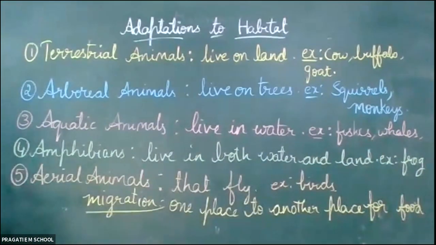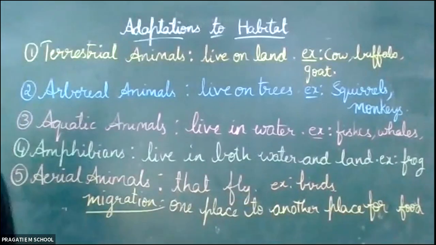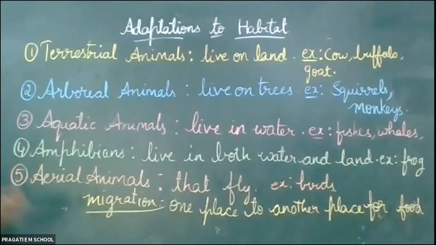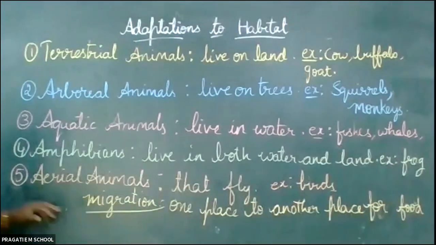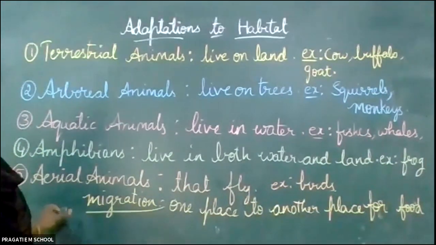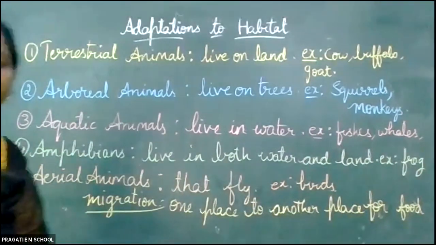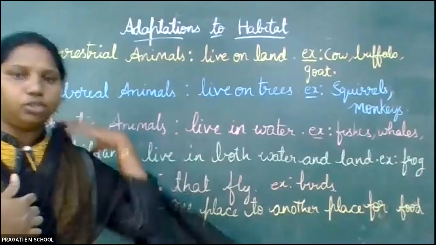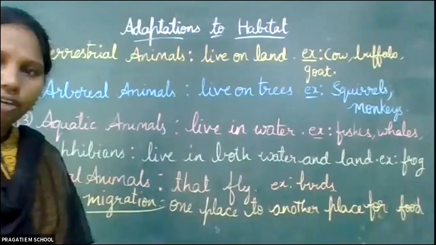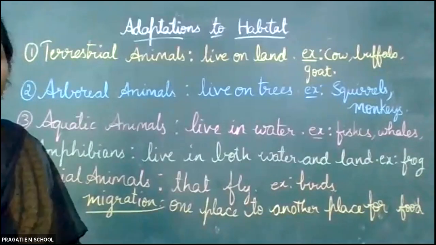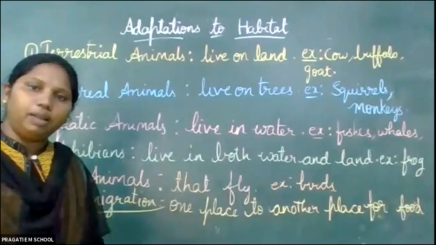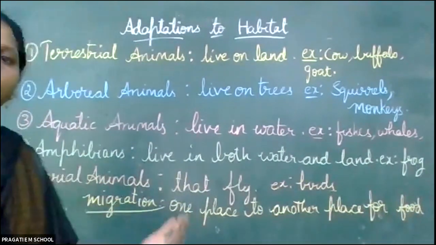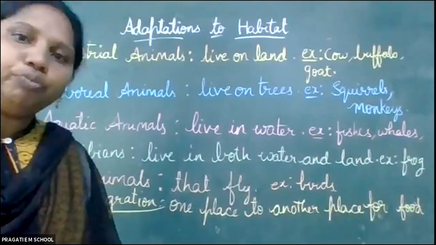Anything, even fishes, will migrate from one place to another place. For what purpose? For taking food and shelter. Okay, children. For example, in winter season, the birds or animals will go from one place to another place, for searching for food.